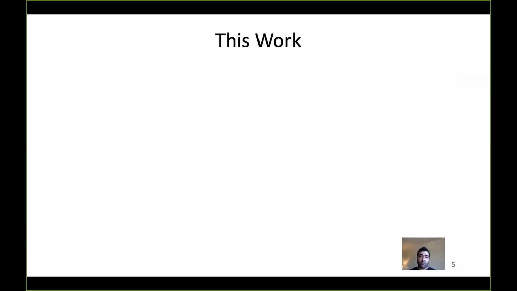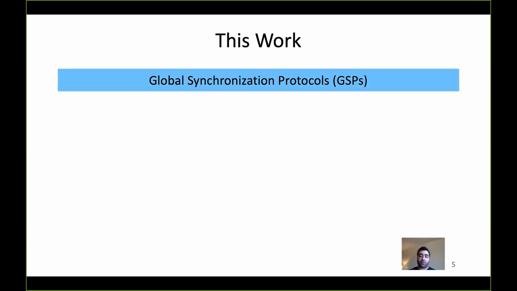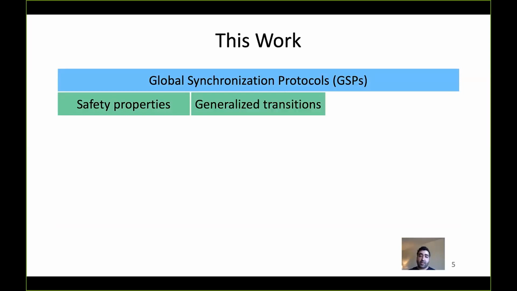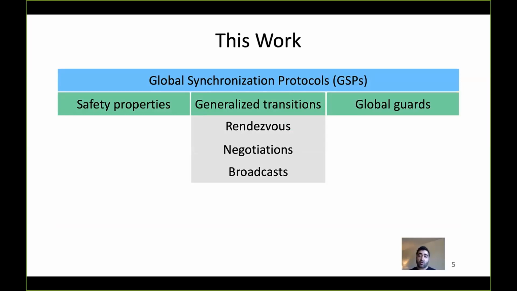In this work, we introduce global synchronization protocols, where we also target parameterized verification of safety properties, and we allow for generalized transitions, meaning that we can capture most of the existing communication primitives in the literature, including pairwise rendezvous and broadcasts. We also support global guards for synchronization, both conjunctive and disjunctive guards.